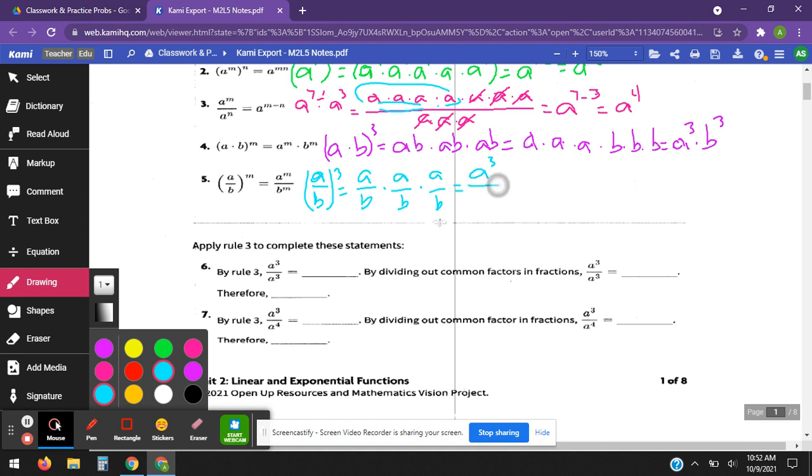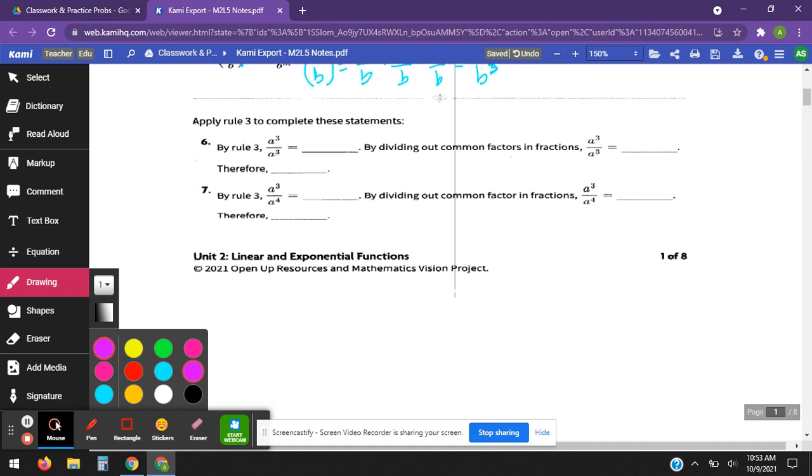So that's a to the 3rd. Multiply the b's together, b to the 3rd. So it's almost like a distributive property.